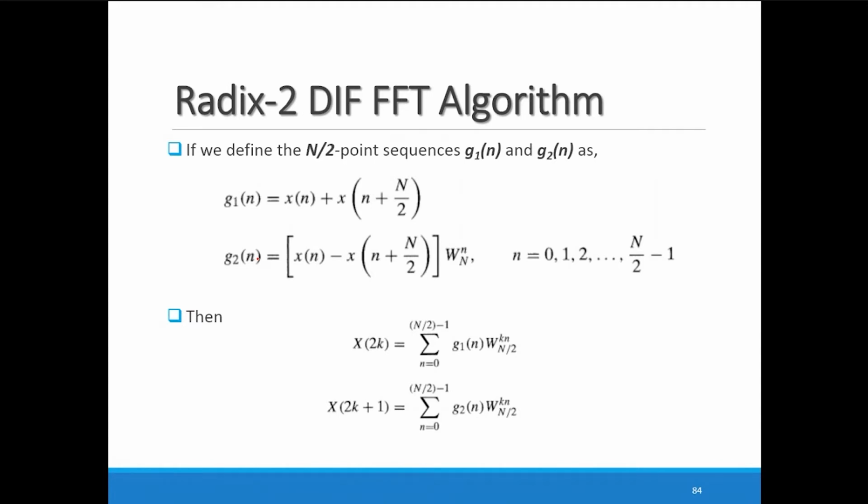So now after implementation of these two new notations, our equation will become x of 2k, sigma n is equal to 0 to n by 2 minus 1 g1n into omega suffix n by 2 raised to kn. And the second equation is x of 2k plus 1 is equal to sigma n is equal to 0 to n by 2 minus 1 g2n into omega suffix n by 2 raised to kn.